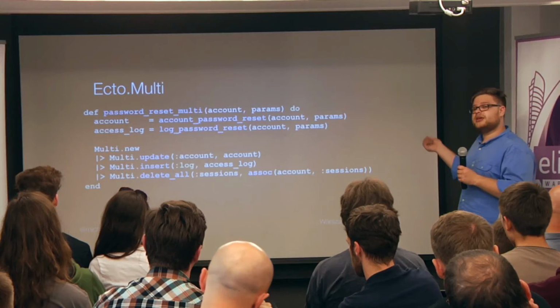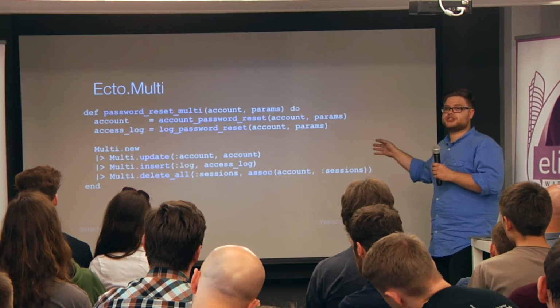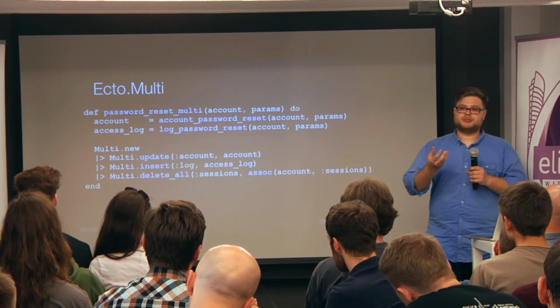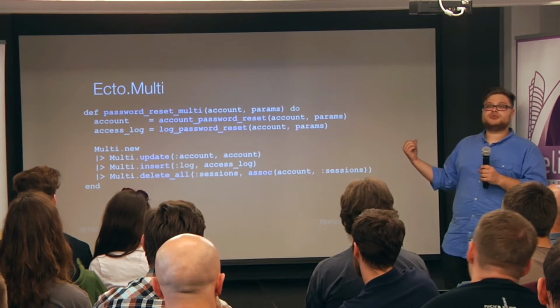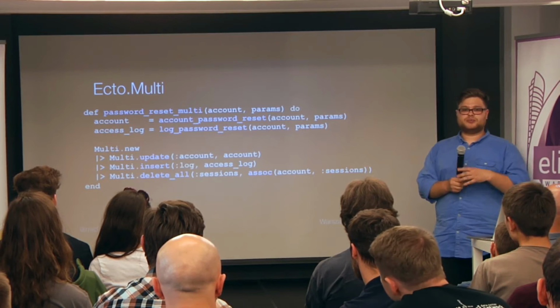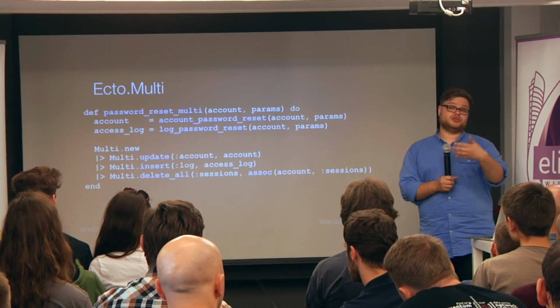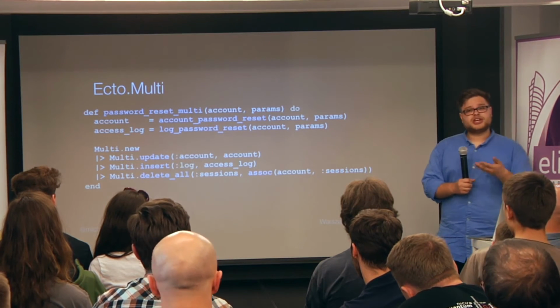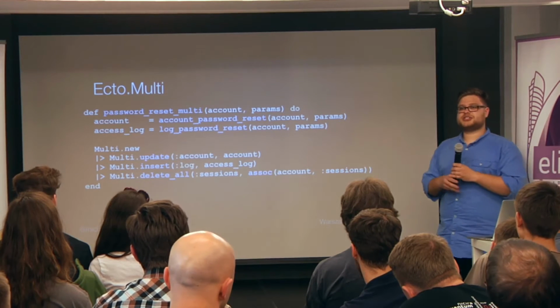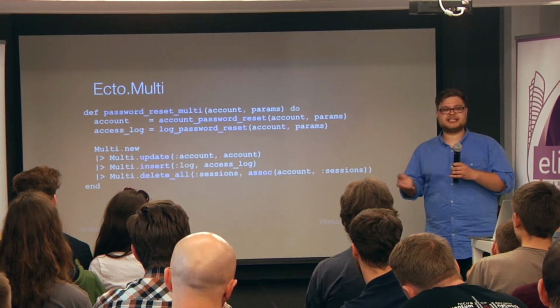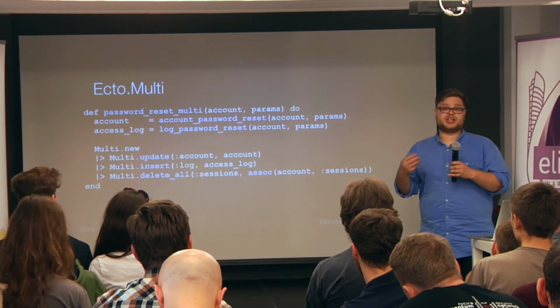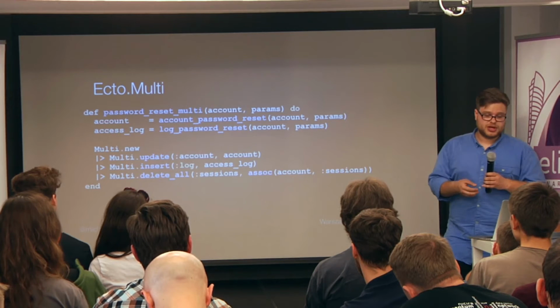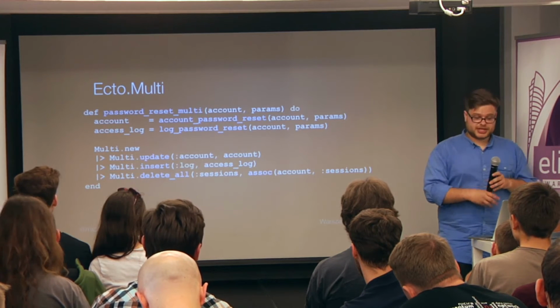And what will be returned from this function is the multi structure that encodes all those changes, but nothing is executed yet. So, for example, when you want to test it, you don't have to execute it. You can just introspect into the structure and see if everything is set correctly, that everything does what you want it to do without executing it.